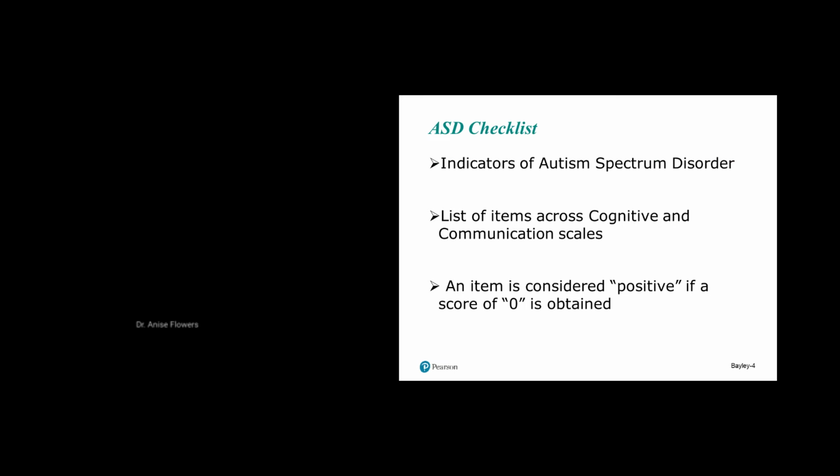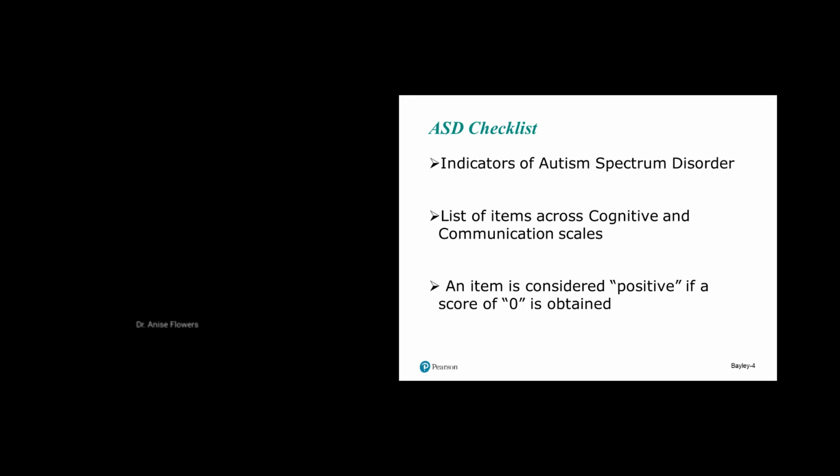Now, in terms of the checklist I alluded to, these are going to be our indicators of autism spectrum disorder. It's a list of items across the cognitive and communication scales. And an item is considered a positive sign on the checklist if the child gets a score of 0.